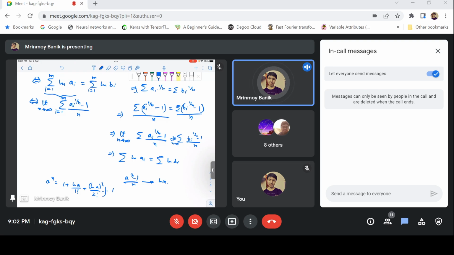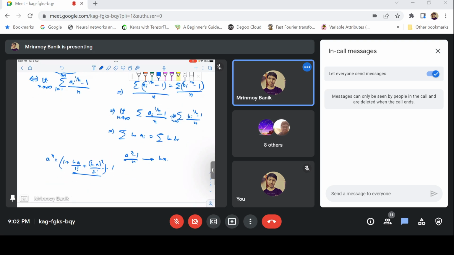So we are subtracting 1 from that. So now we are getting this. We should divide that by ln a. No, we can divide it by x.